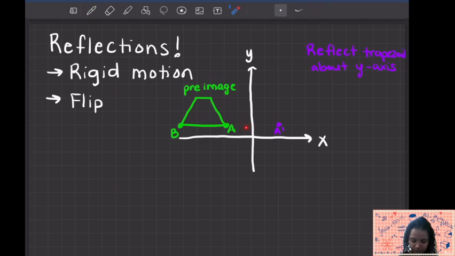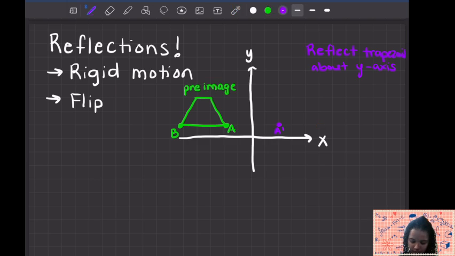Then here is B, and B is about 1, 2, 3, 4, 5 units to the left away from the y-axis. So now I'm going to go ahead and count 5 units to the right from the y-axis. So 1, 2, 3, 4, 5 units. So B prime, or the image of B, should be right over here. Okay?